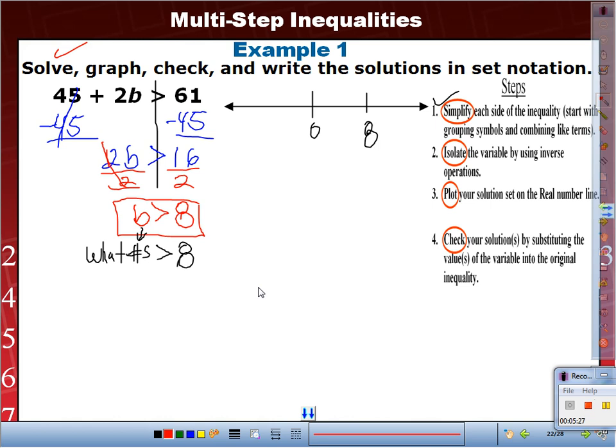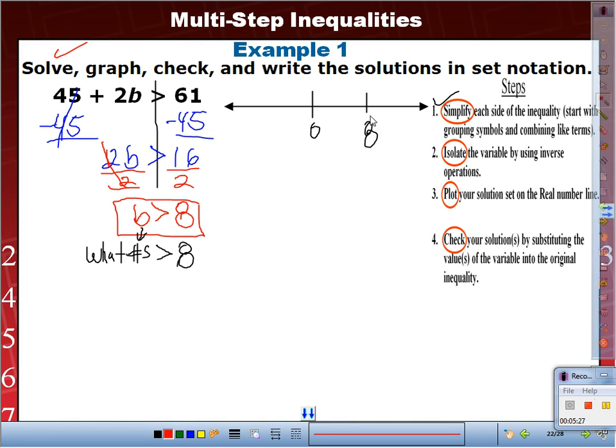Is 8.00000000009 greater than 8? Yes. How about 9? How about 9.1? Yes, about 23. Yes.